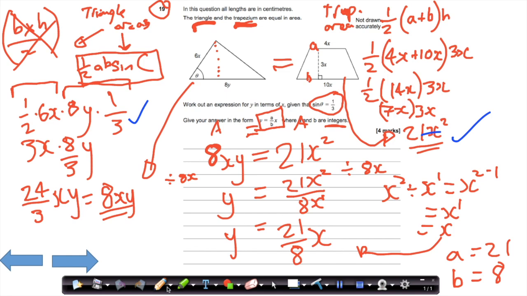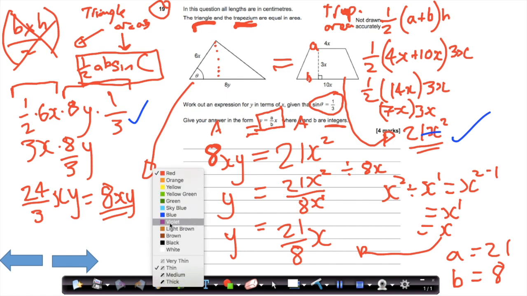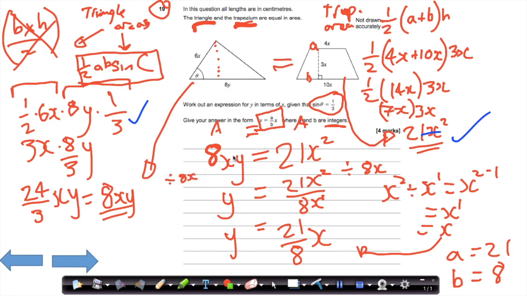Your marks are given by setting them equal to each other, so appreciating that the triangle and trapezium area are equal, so setting them equal to each other like that gives you the third mark, and finding that the solution is y equals 21 over 8x is the final mark. You don't have to, for this question, say a is 21 or b is 8, but it might be good practice just to make sure that you're emphasizing that you know exactly what you're talking about to the examiner.